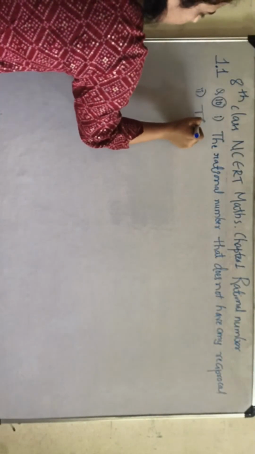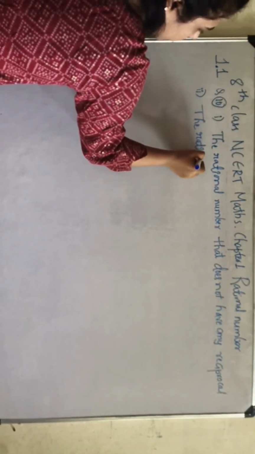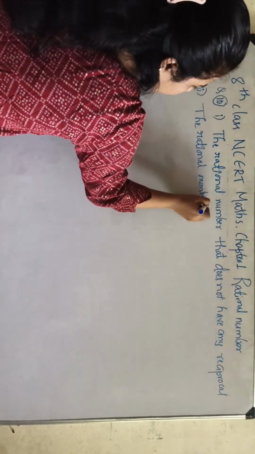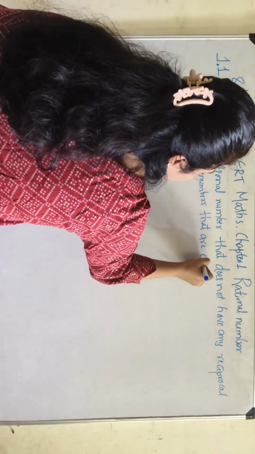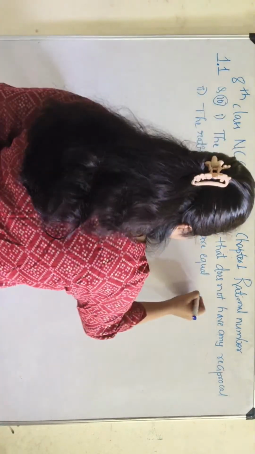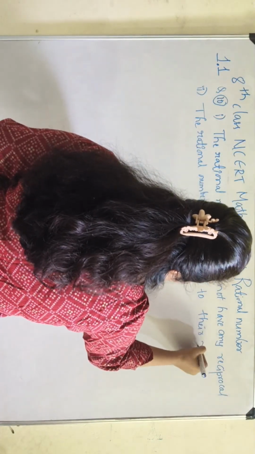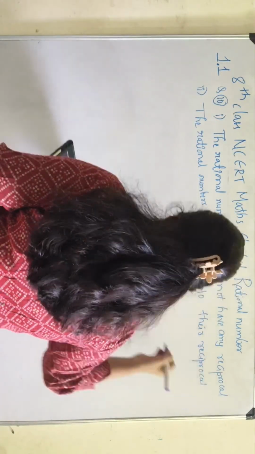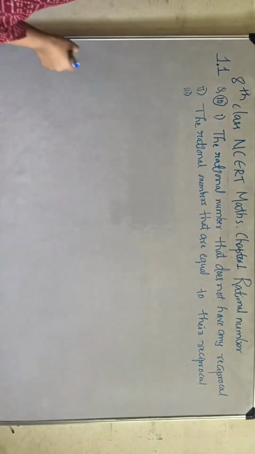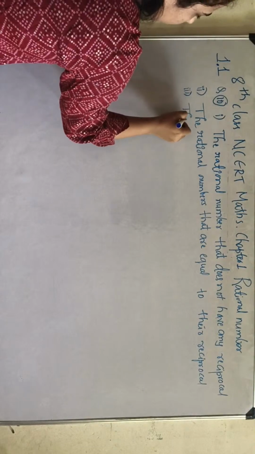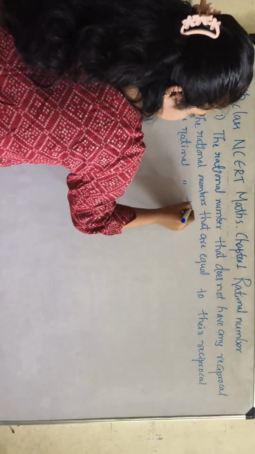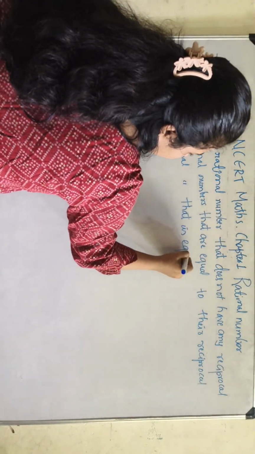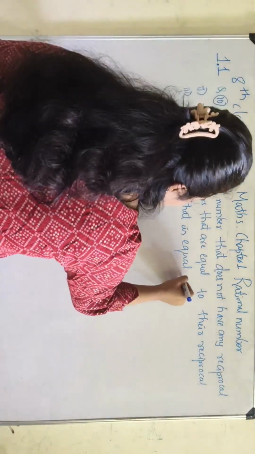In the second one: the rational numbers that are equal to their reciprocal. Okay, and in the 10th question, the third one is the rational number that is equal to its negative.